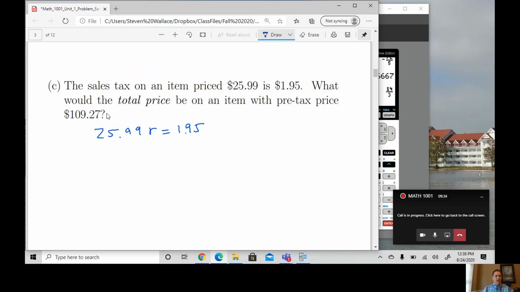And then add that to 109.27. Or we could take that rate, multiply it by this number to get the sales tax, and then add that. So there's several steps that way. I don't think this is the best way to go.